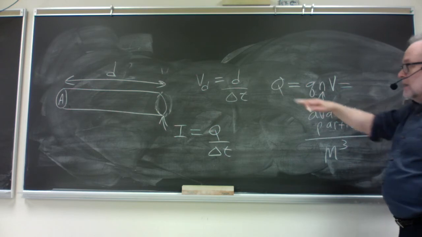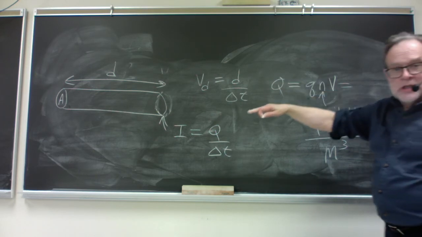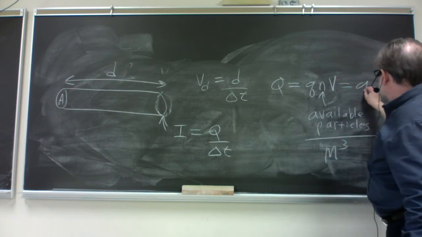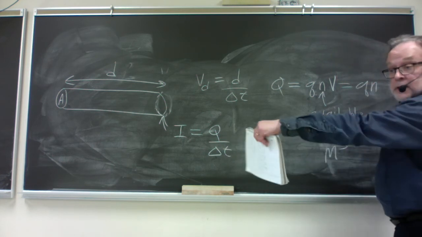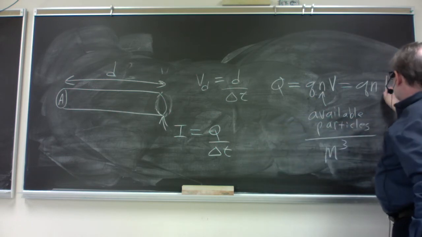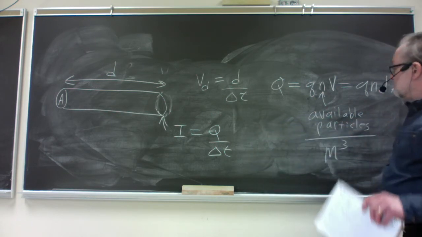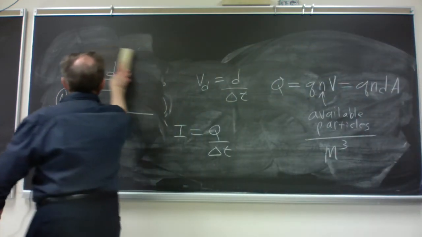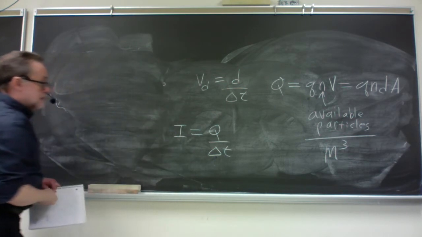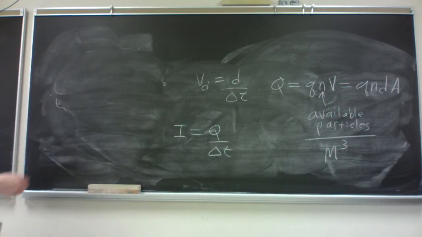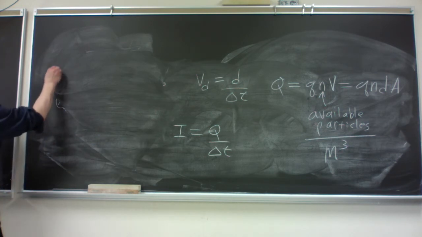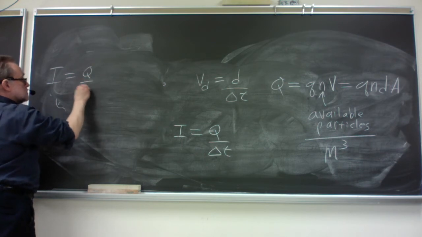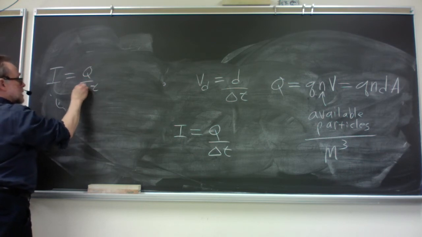But of course, the wire is just a long, thin cylinder, so its volume is just the length times the area. Length was d, then area A. So now, what have we got here? Current is the total charge that's moving out of that region divided by the length of time it took to move out.